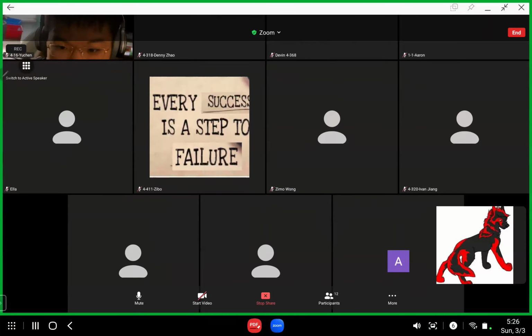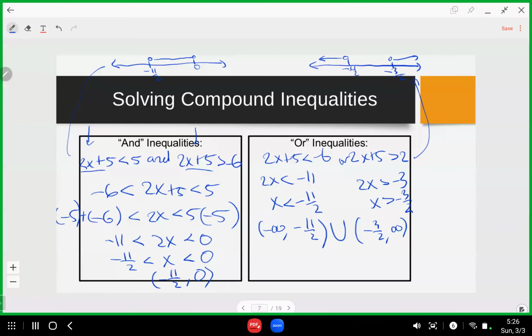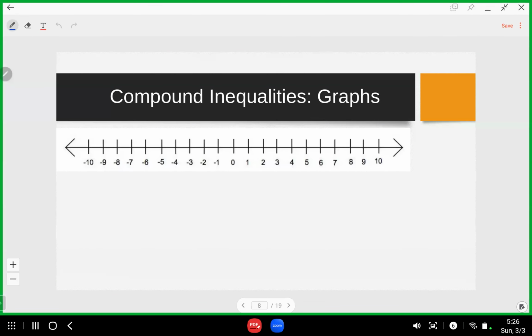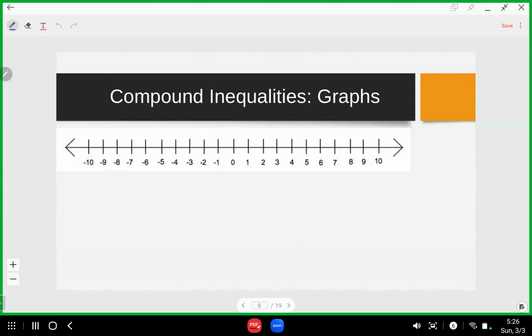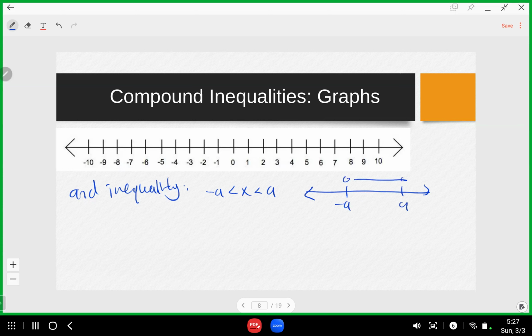If there are no questions, then I will continue. Now we can talk more about the graphs here. Let me just draw this for you. When x is in between -a and a, it's an and inequality, and you're going to have this: -a, closed interval.